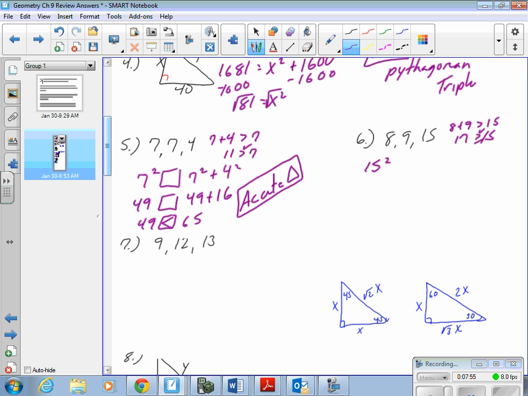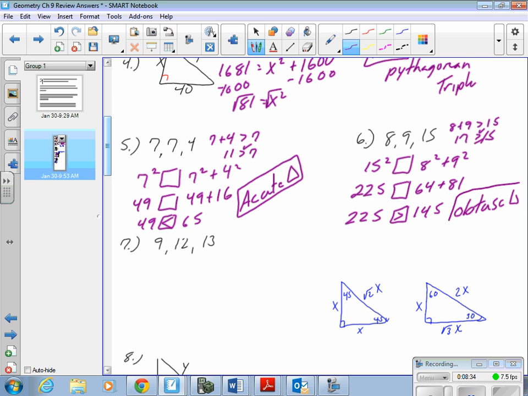So 15 is the longest side, so 15 squared compared to 8 squared plus 9 squared, or 225, is compared to 64 plus 81, or we're comparing 225 to 145, which 225 is greater than 145. So since the c squared is greater than a squared plus b squared, it makes this an obtuse triangle.